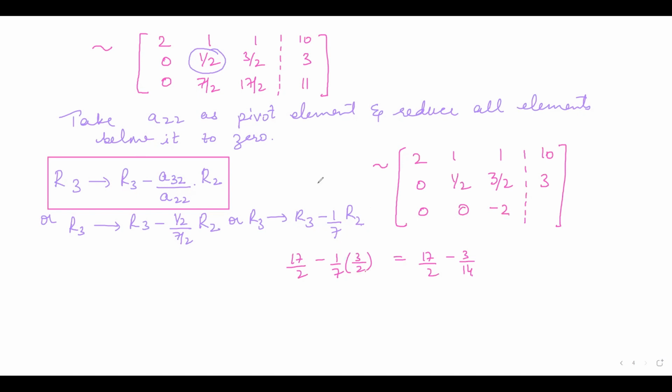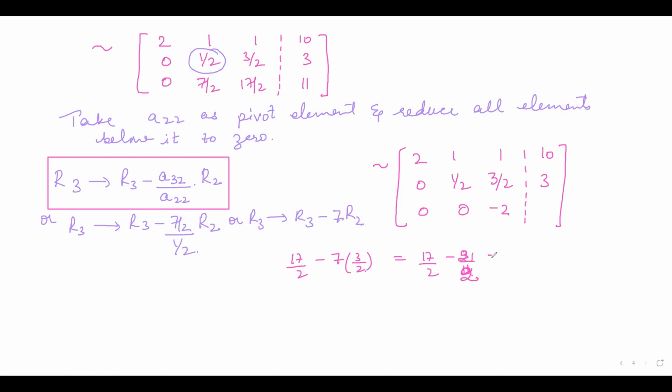Similarly, I'll take this as... wait a second, I have made a mistake here. Just a second. So A32 was 7 upon 2 and this is half. So this would be minus 7. And I'll be taking this as 21 upon 2.